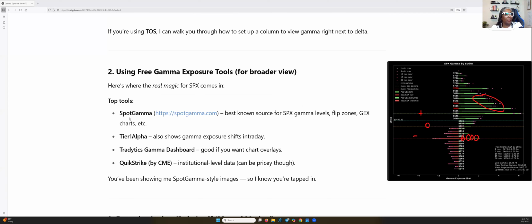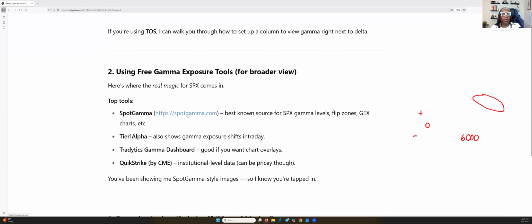I don't know if you all wanted to see. There's Spot Gamma, which seems to have a free version. I don't think I incorporated these. Let me copy the link if somebody wants to be able to see gamma more readily.